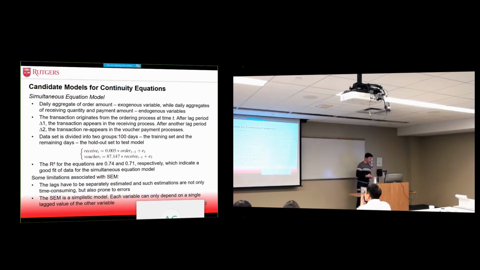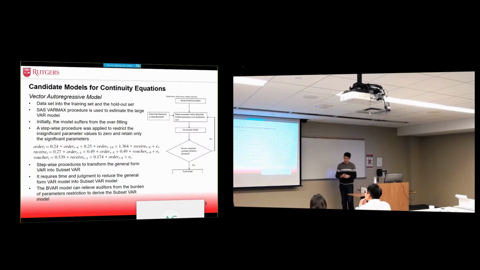So next model is the vector autoregressive model. Again, like was discussed before in the previous model, data was separated into two sets, training set and pulled-out set for testing. SAS Proc Varmax procedure was used to estimate large VAR model.